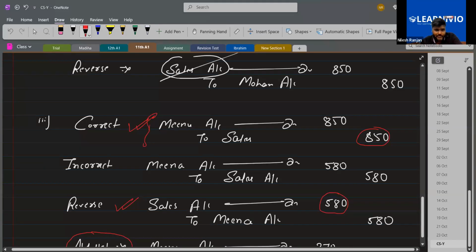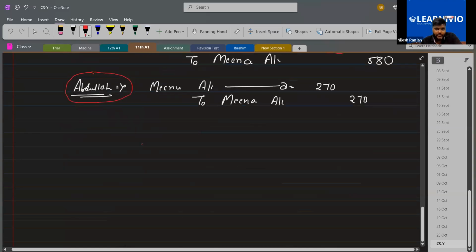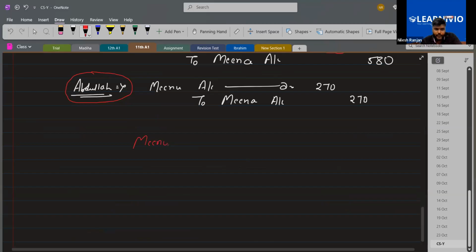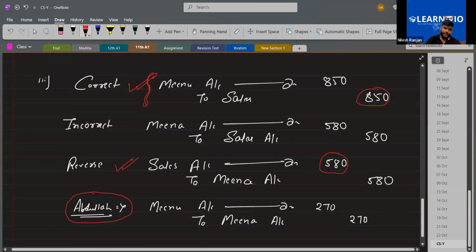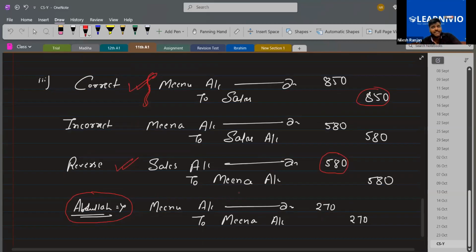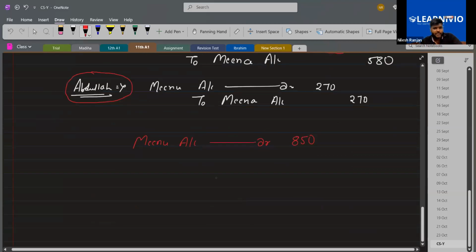You can see here, Meenu is on the debit side. We will write here Meenu account debit with the amount written in this entry, 850. The reverse one, you can see Meena is on the credit side with 580.